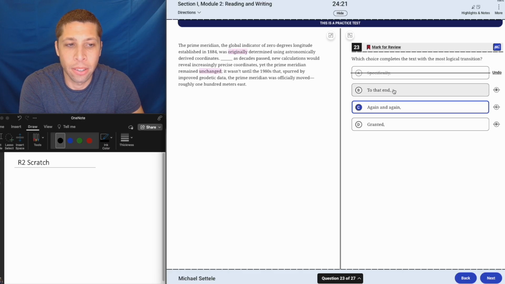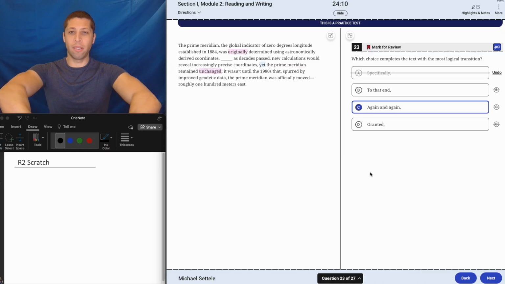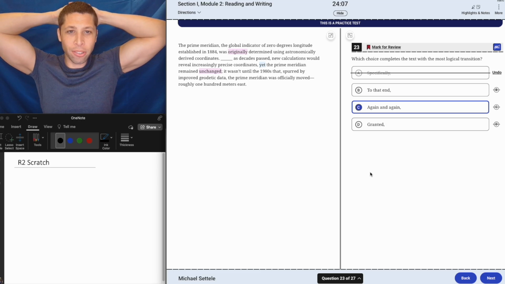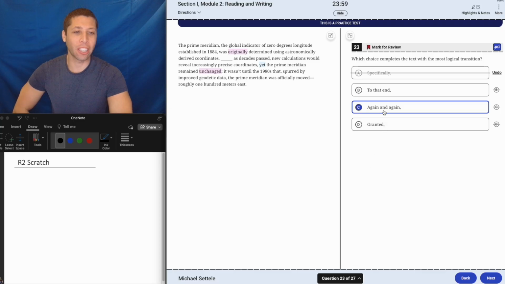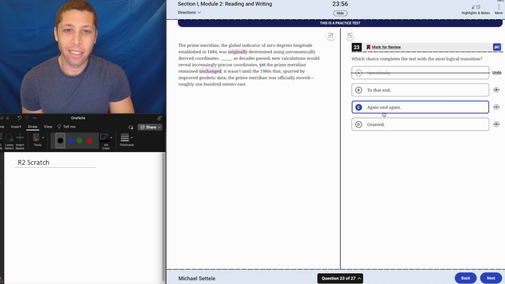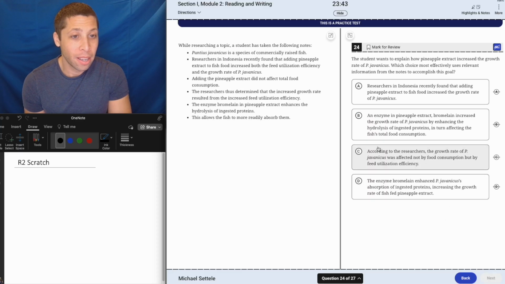It's not "to that end." Again and again, as decades pass. Granted, as decades pass, new calculations will change, yet. So here's my "but." Do I need another "but"? But as decades pass, new calculations would reveal increasingly precise coordinates. This seems like a stupid thing to pick. Again and again, as decades pass, new calculations would reveal increasingly precise coordinates, yet the prime meridian remained unchanged. All right, let's move on.